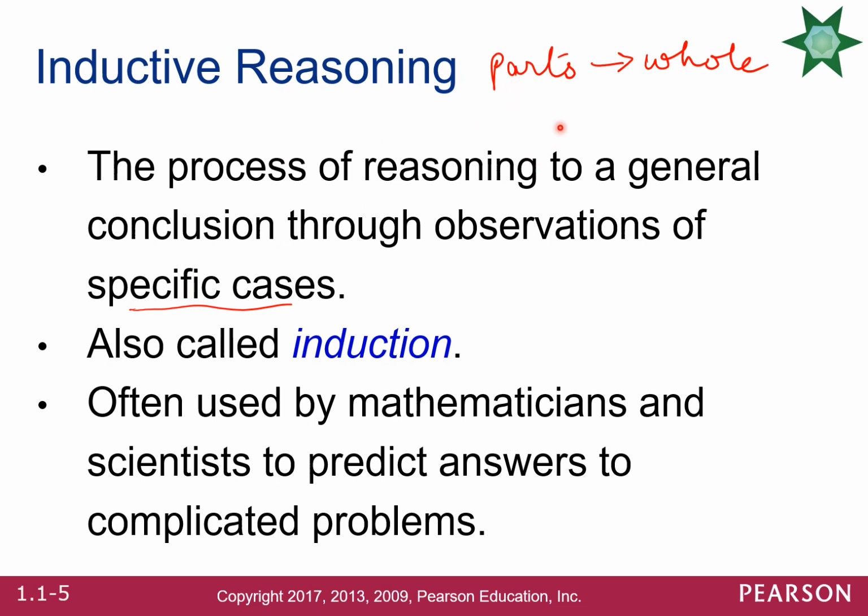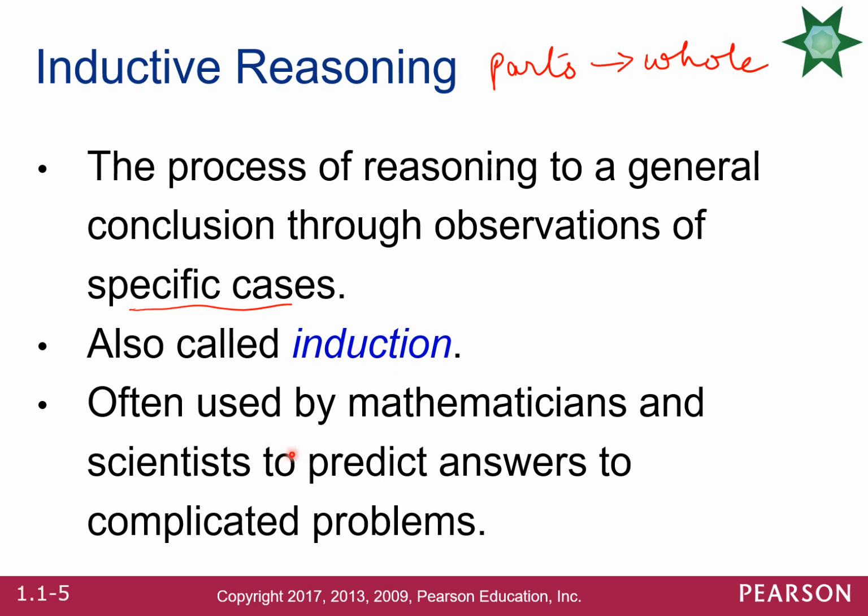Those specific cases are a part of a greater universe of cases, and we observe them, we look out for patterns among those cases, and then based on those observations, we decide or come to a conclusion that the rest of the cases must also be following the same pattern. So that's what inductive reasoning is about. All right, we also call the process the process of induction.